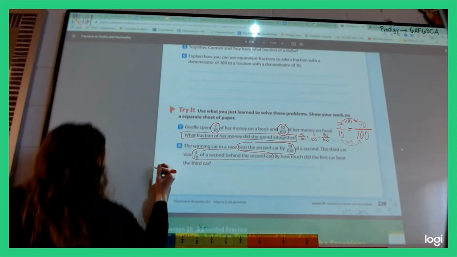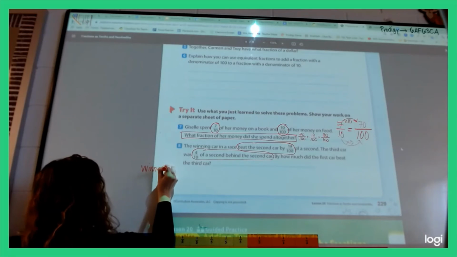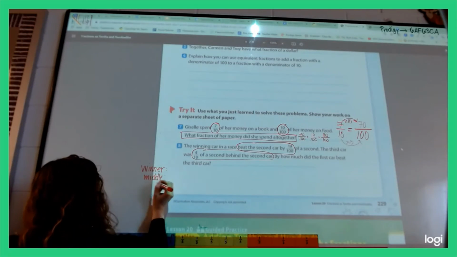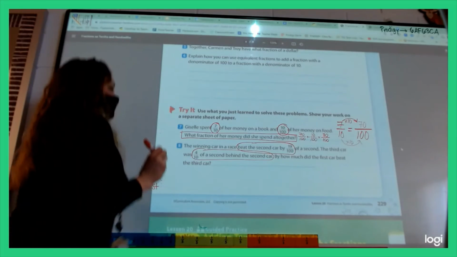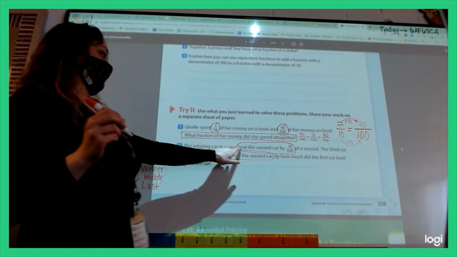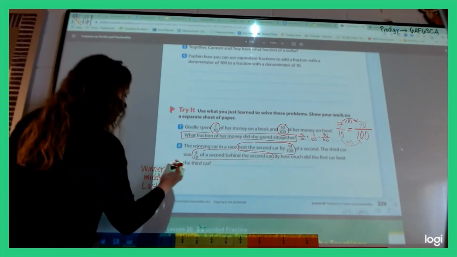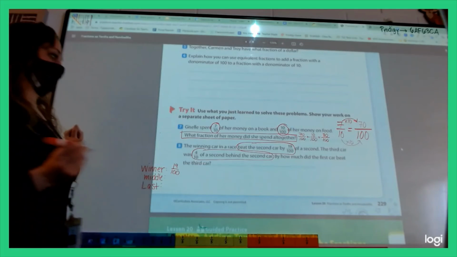So I'm just going to put winner, middle, and last. This is going to help me think this through. The winning car in a race beat the second car by 19/100 of a second. So, 1 by 19 hundredths of a second.